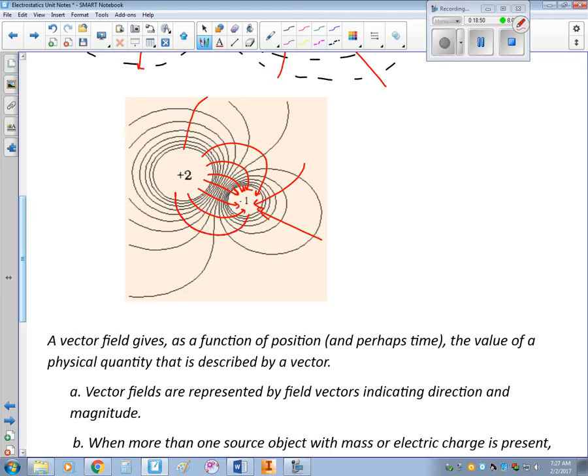So it kind of curves a little more drastically. It's like the positive 2 charge is overpowering the negative 1 charge.